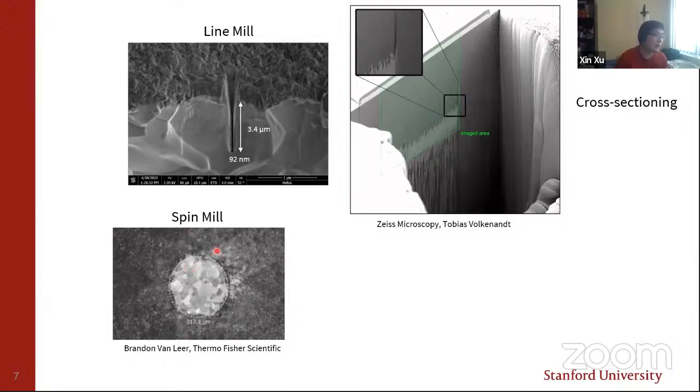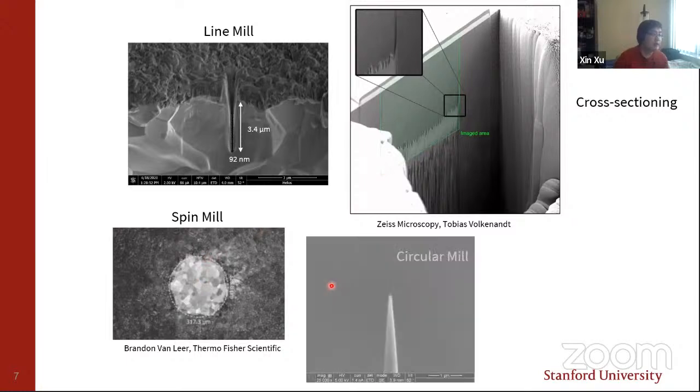This way, you can etch the sample surface over a relatively large area, around 300 microns. You can sputter away the surface contamination layer and make the grain structure visible to the beam.